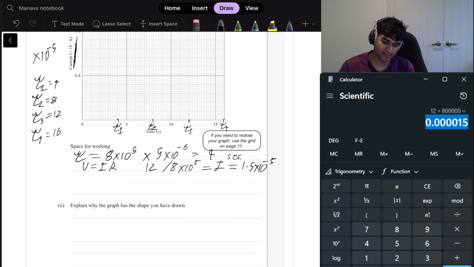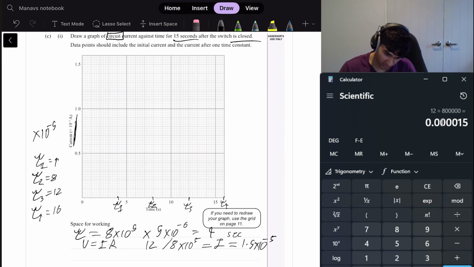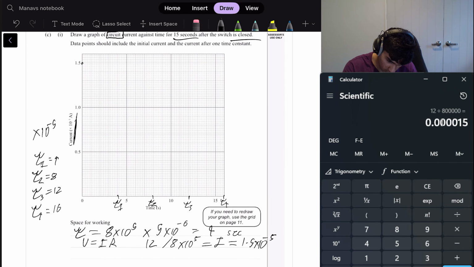They have it in zeros, but I'm just going to use what my calculator says. It's way easier. That means it's going to start exactly here.